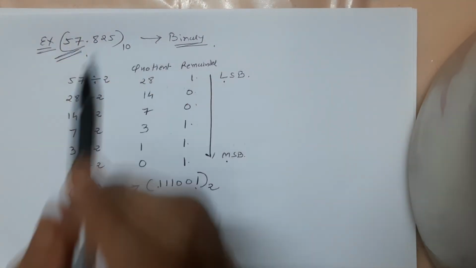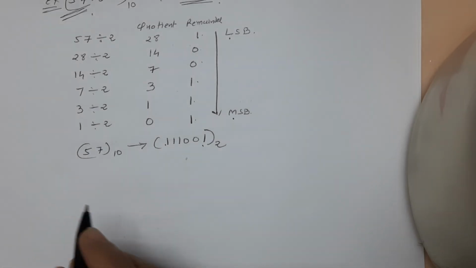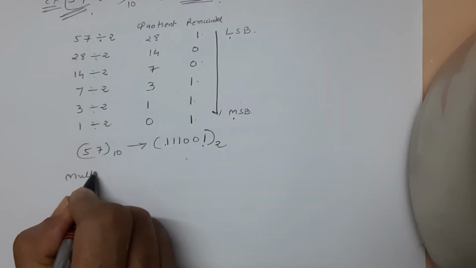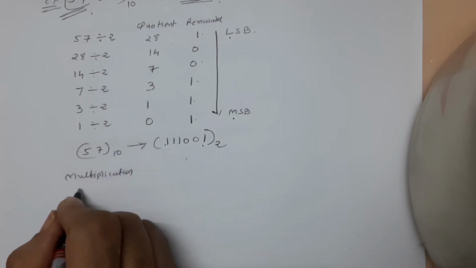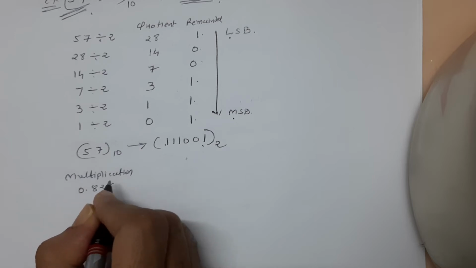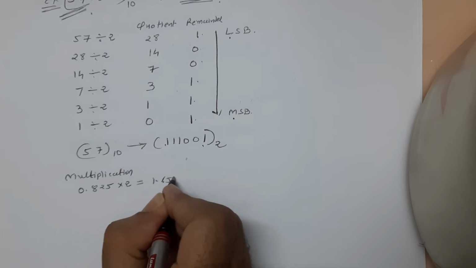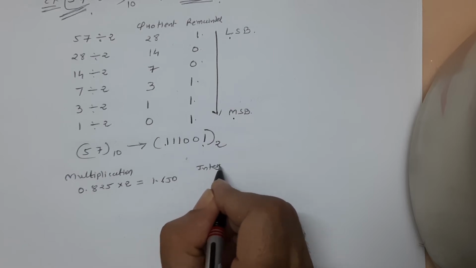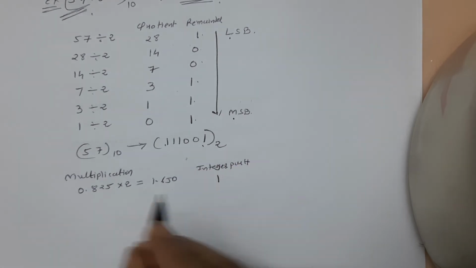What about 0.825? For 0.825, again multiplication. 0.825 into 2 is equal to 1.650. Integer part is 1.